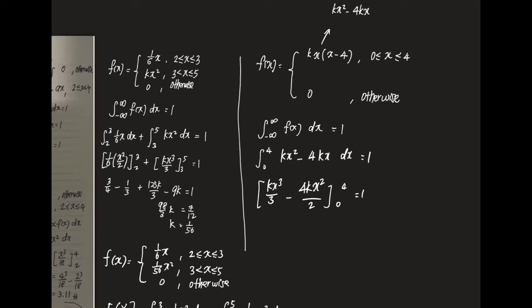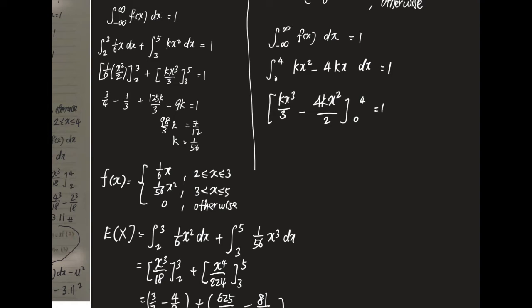Then we substitute 4 inside. 4 to the power of 3 is 64, so 64k over 3 minus 32k. When I substitute 0 into x, both terms become 0.